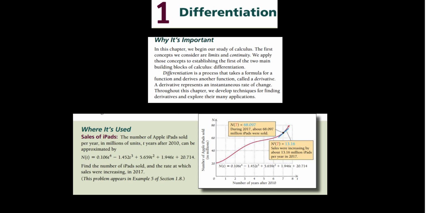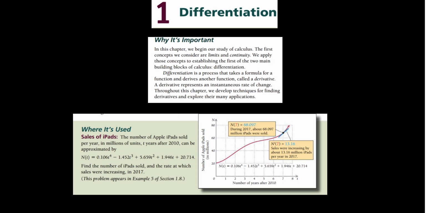It reads, find the number of iPads sold and the rate at which sales were increasing in 2017. So we look over here. This is the number of years after 2010, so obviously 7 years. Easily enough, you plug the value 7 in for t, and then you just do the arithmetic.